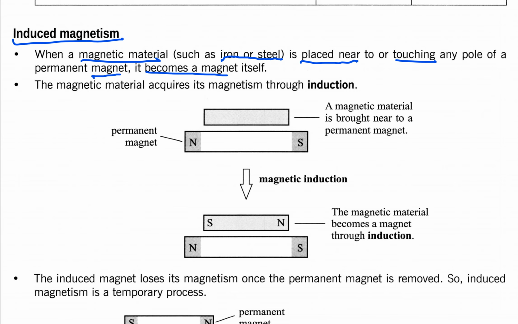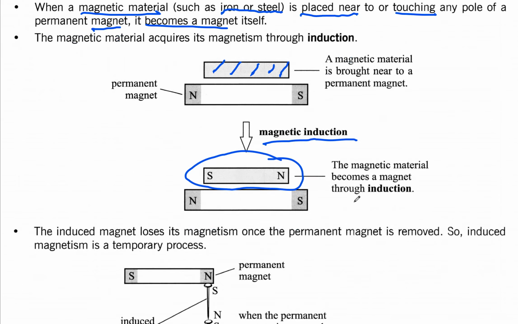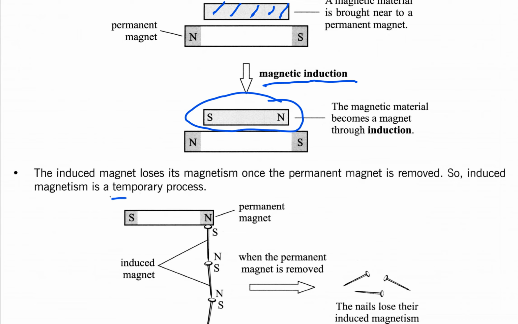So prior to bringing this piece of material close to the magnet, it is unmagnetized, but once placed near to the magnet, it becomes magnetized. So that is magnetic induction. Magnetic induction is temporary, so the induced magnet will lose its magnetism once the inducing force is removed.